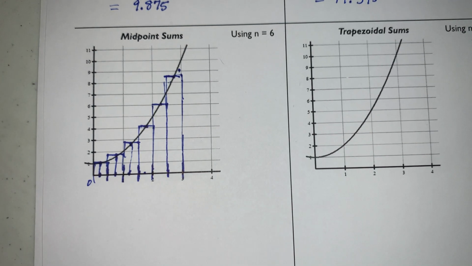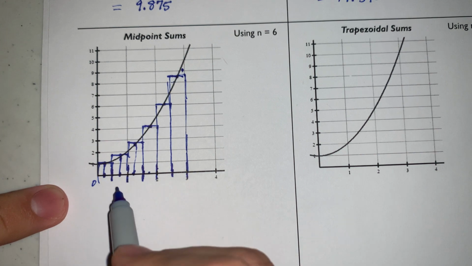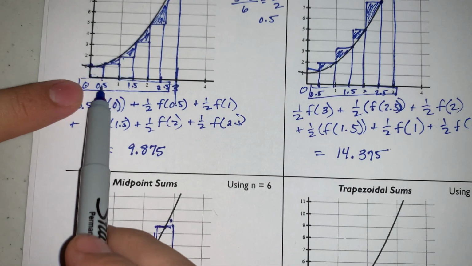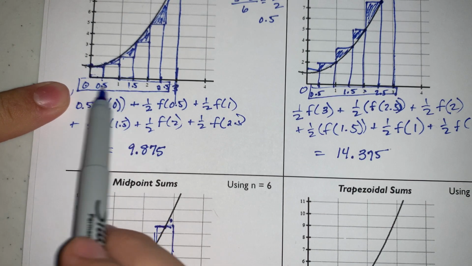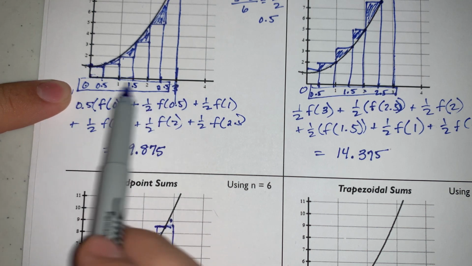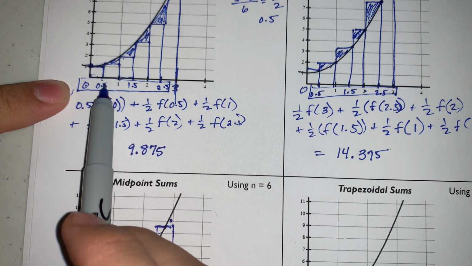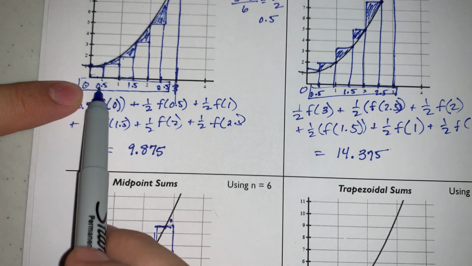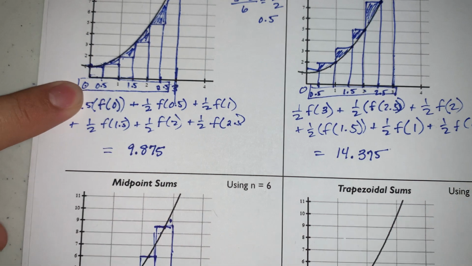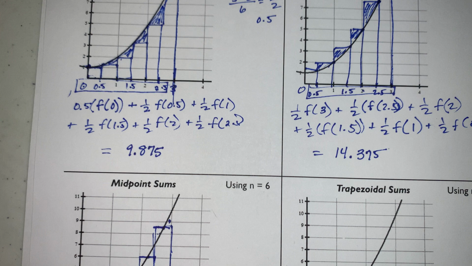But the main difference you have to understand here is that we're going between these. Originally it was 0.5, 1, 1.5. Those were the intervals that told me where the upper endpoints and lower endpoints of the rectangles are. But if we're going in the middle, halfway between 0 and 0.5 is 0.25. Halfway between 0.5 and 1 is 0.75.